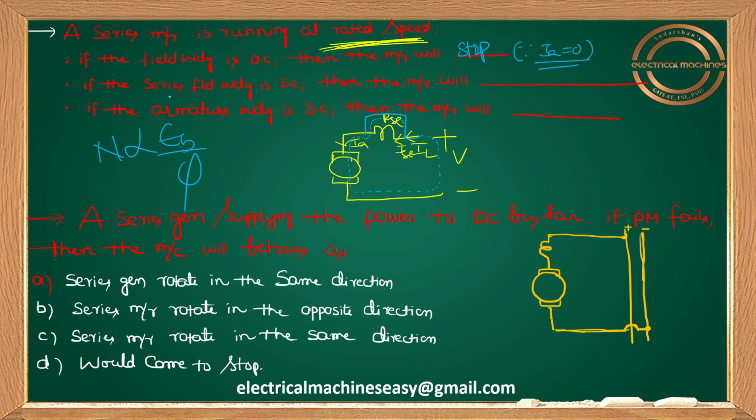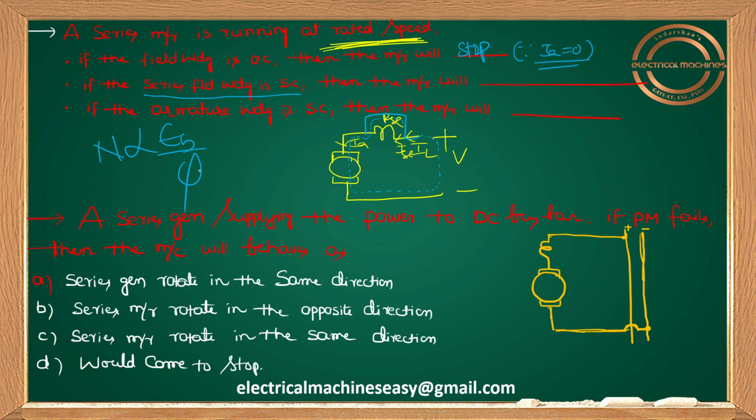Whenever the series field winding is short circuited, there is no current through the series field winding. So flux becomes 0.